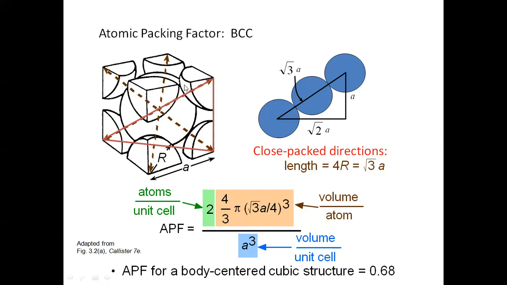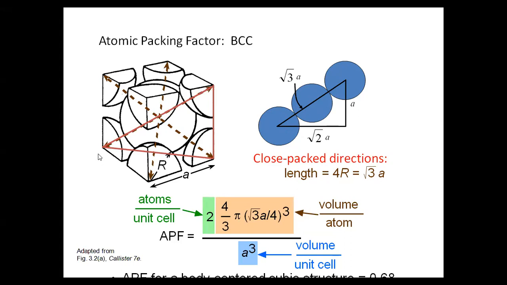In a cube, all the sides are equal. Then for the close packed direction, the length is equal to 4r, which is the cube diagonal, 4r. Where is this coming from? It's coming from the Pythagoras theorem understanding also.